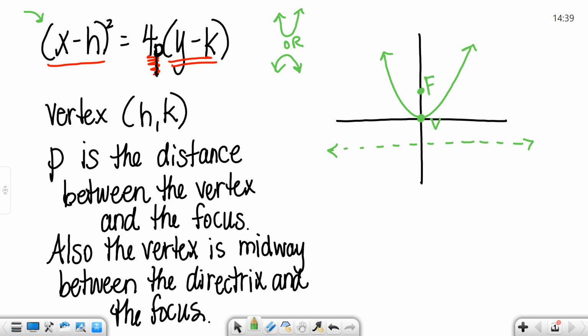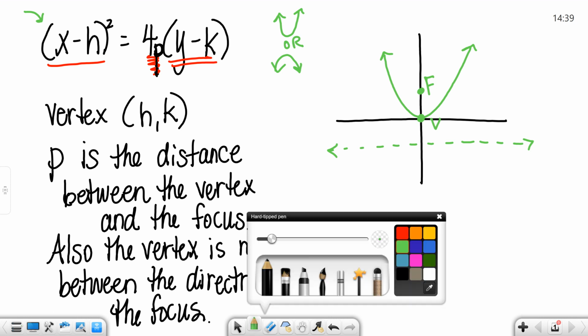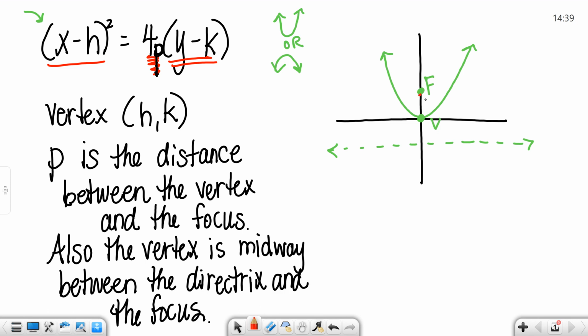So imagine right now our y-axis is our axis of symmetry, and that is perpendicular to the directrix. All right? The distance from our focus to our vertex is P. The distance from our vertex to our directrix is P. Okay, the distance between those is P.